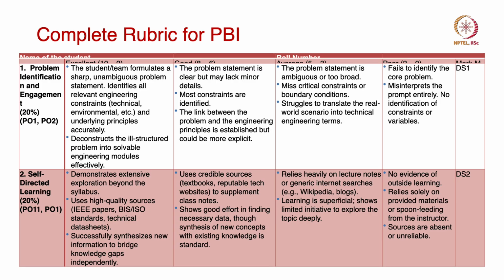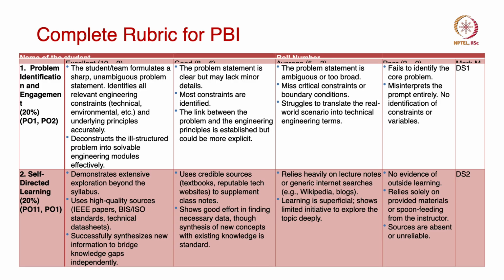Then the second one, self-directed learning: demonstrates extensive exploration beyond the syllabus. These days, exploration becomes much simpler, courtesy Google or, let us say, AI as well. But it should be based on really authentic resources.